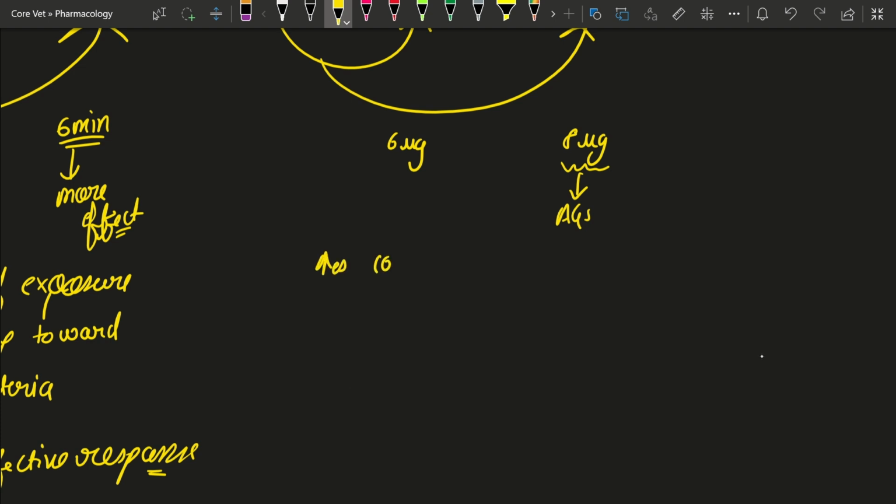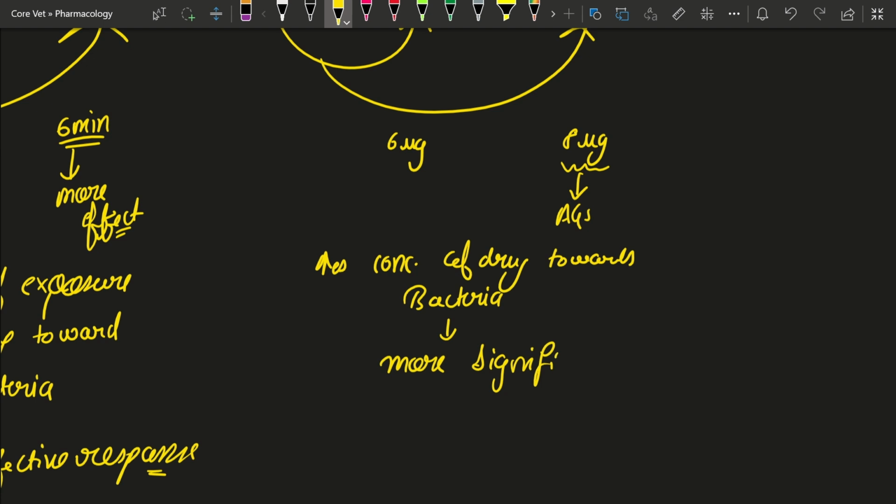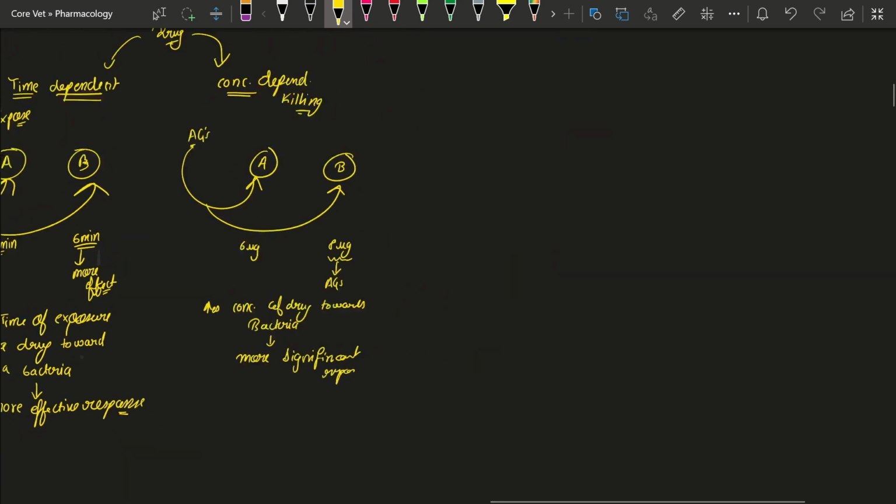It means when you increase the concentration of the drug toward a bacteria or any microbe, it shows a more significant response. That's what concentration dependent killing means.